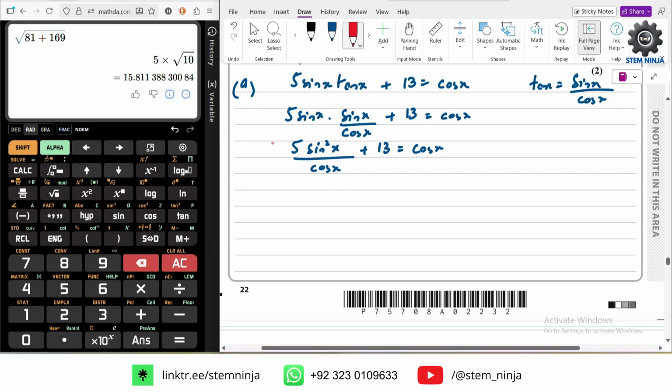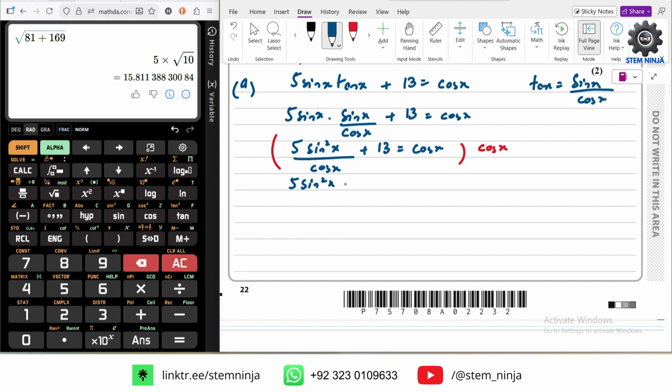Now, one thing we can do is multiply both sides by cos of x. This would become 5 sine squared x plus 13 cos of x equals cos squared of x. Now, sine squared can be represented as 1 minus cos squared x.